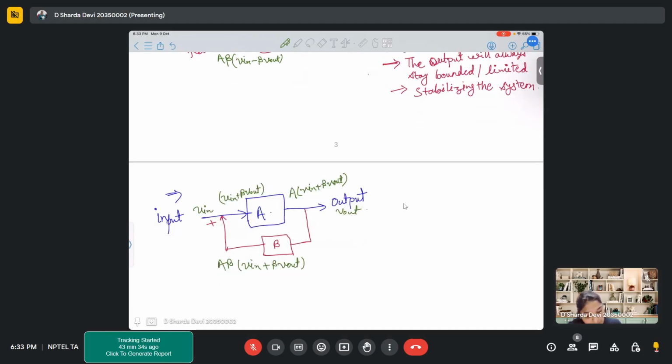Now for the second cycle, V in effective is V in plus A beta (V in plus beta V out), and V out effective is A times (V in plus A beta (V in plus beta V out)).